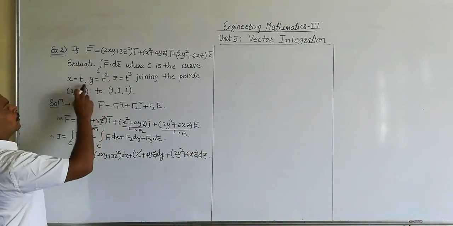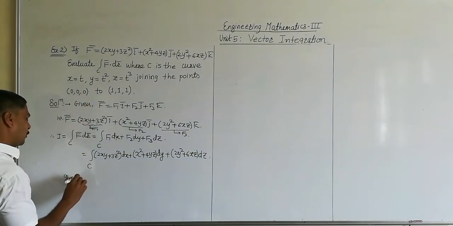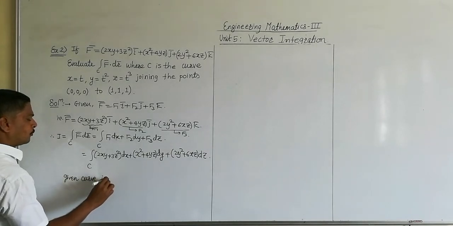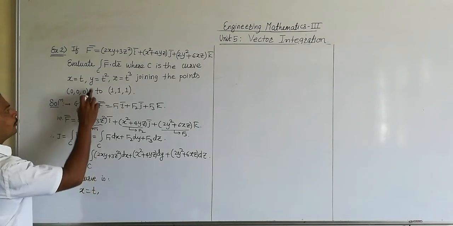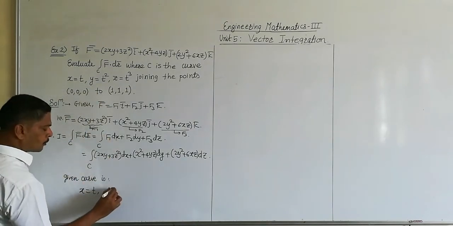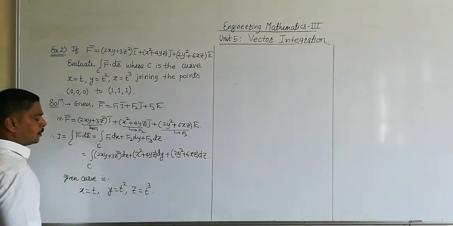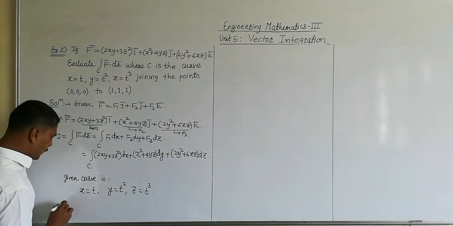So this is given curve. So given curve is x is equal to t, right? Then y is equal to t square and z is equal to t cube. So these are parametric equations of t. So differentiate this.